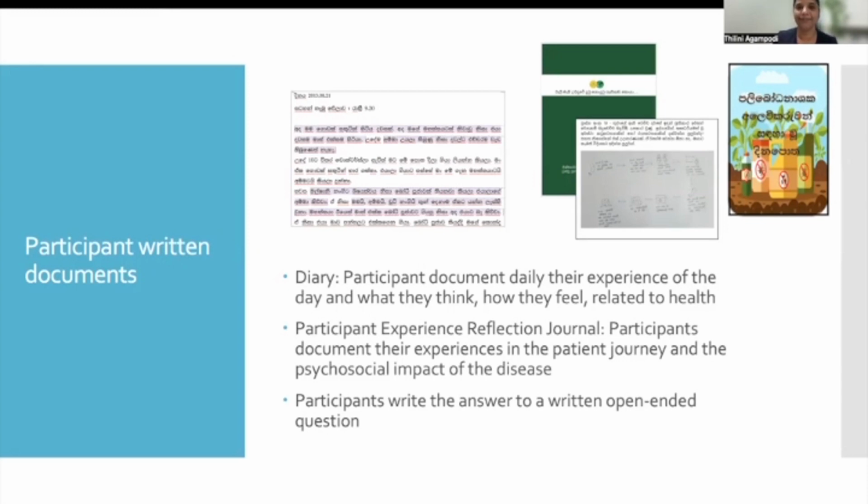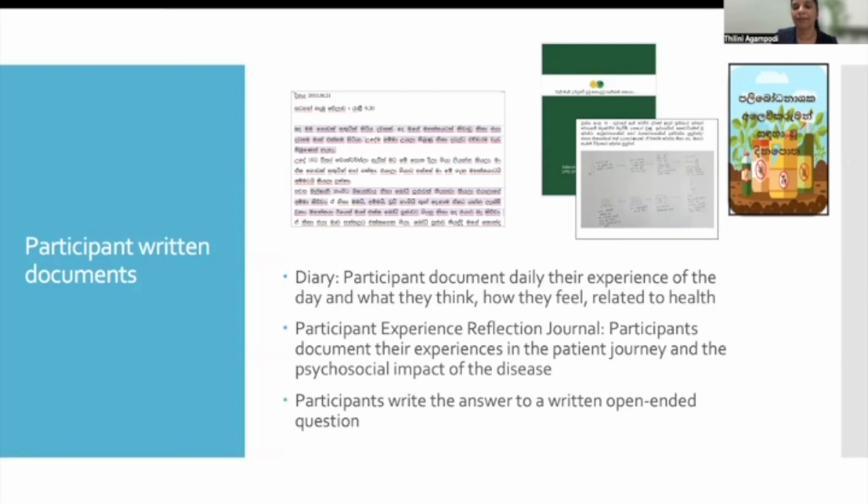Documentation, right? You can also use open-ended questions. Maybe at the end of a quantitative questionnaire, you can add a qualitative open-ended question. I hope you know what an open-ended question is. A question that lets the participant write a story, right?